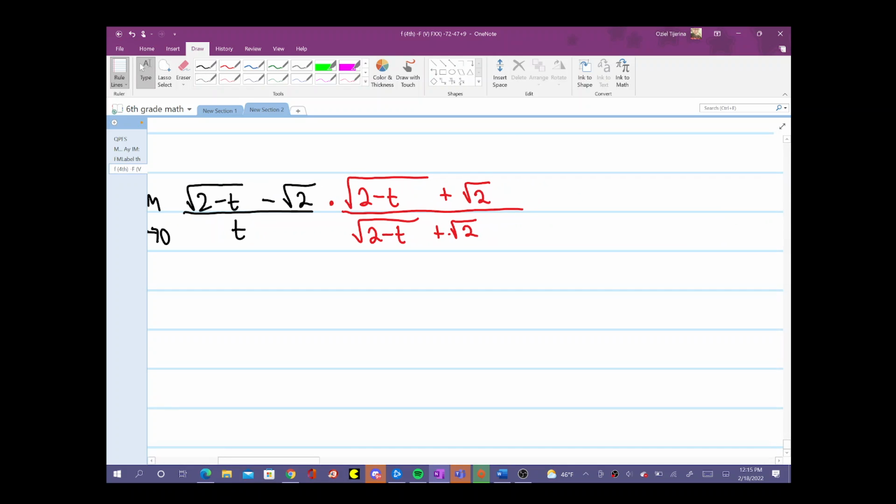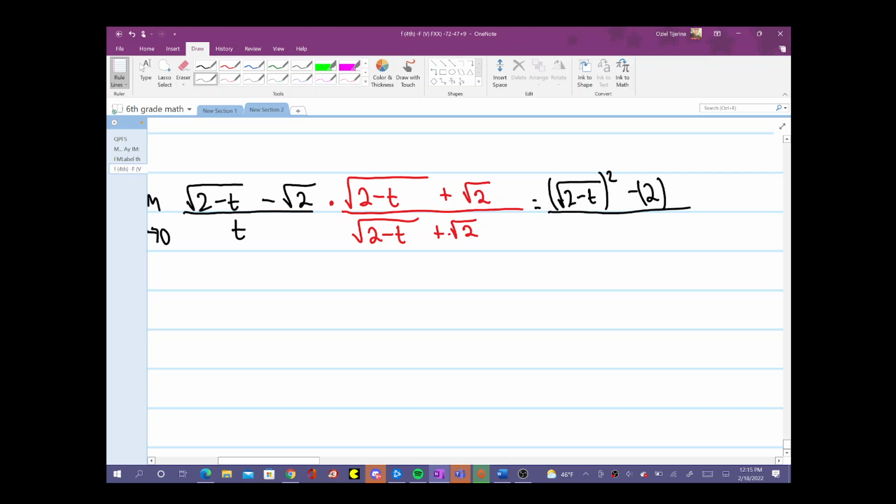So we have the square root of 2 minus t quantity squared minus 2, right? Because it's using the sum and difference pattern.